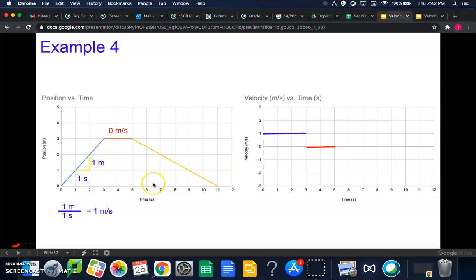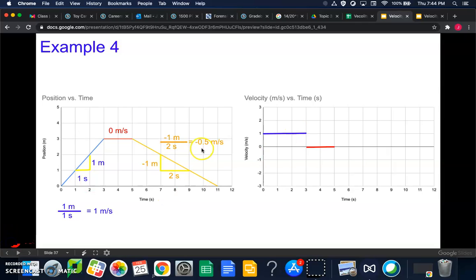Okay? And then last, we're going to do this orange segment. So we'll add on the rise and the run. We can see that from this point to this point, it goes down by 1 meter, and it goes over by 2 seconds. So then when we calculate the velocity, that's -1 meter over 2 seconds.